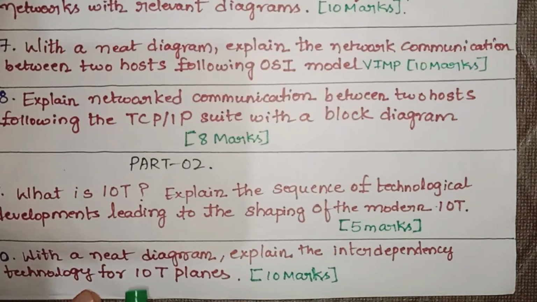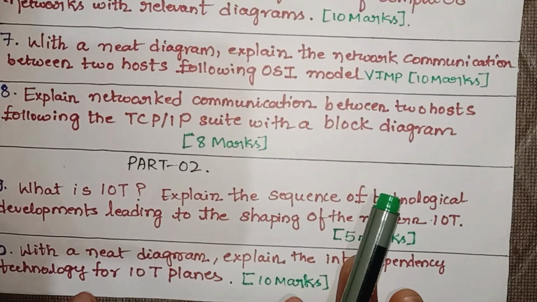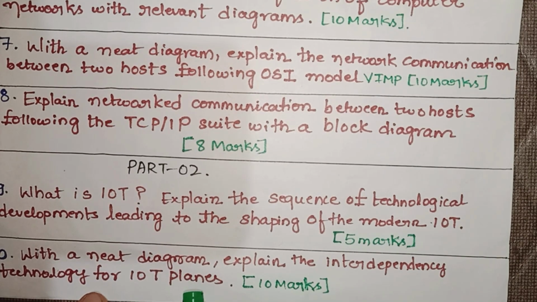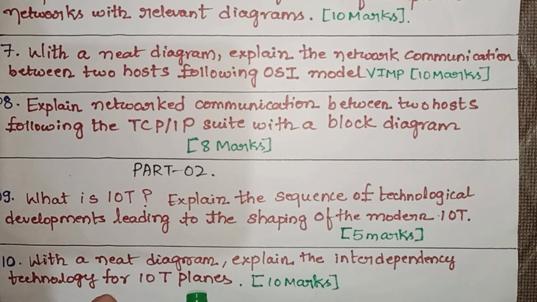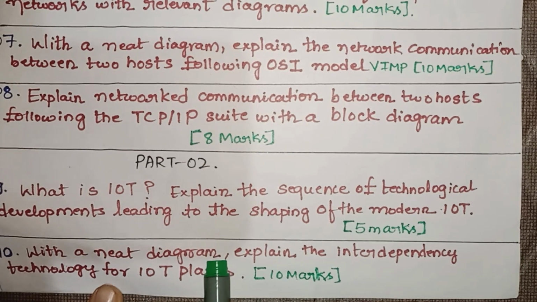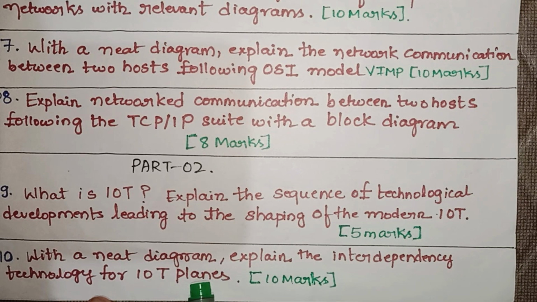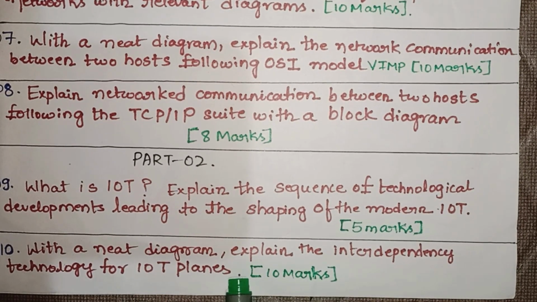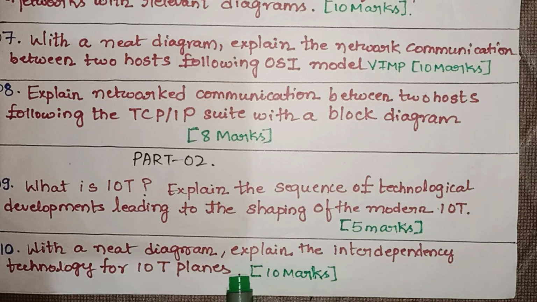And the next question is, with a neat diagram, explain the interdependency technology for IoT planes. This is nothing but you have to explain M2M, machine to machine communication, and CPS, cyber physical system. And the next one is IoE, Internet of Everything, and Internet of People, and Industry 4.0.